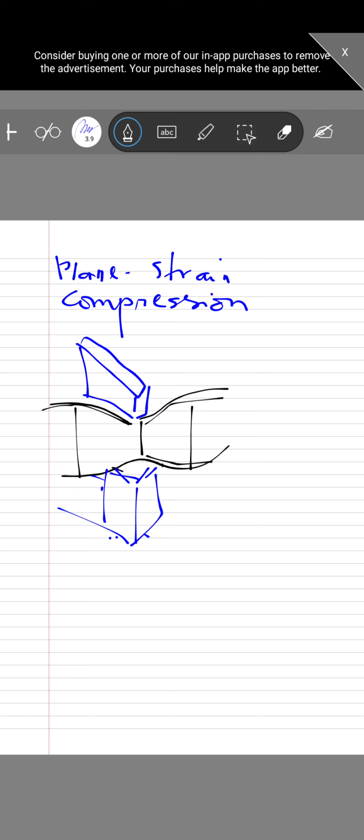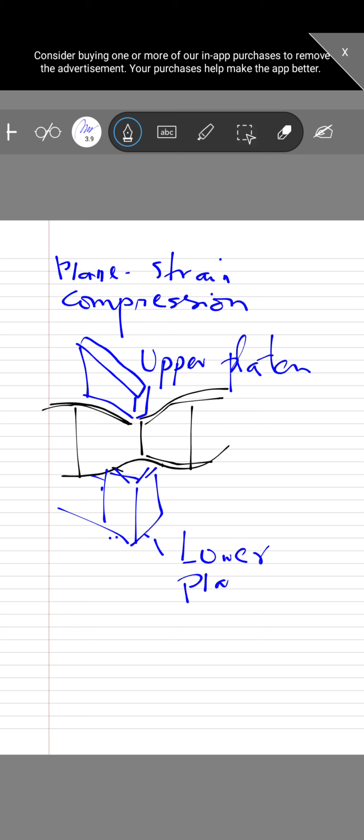So there are two platens. This is the upper platen. This is the lower platen. This is the specimen.